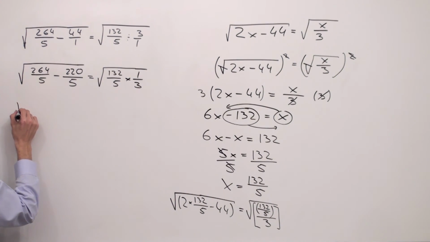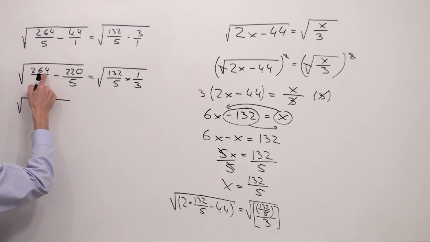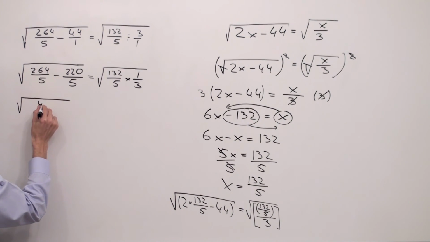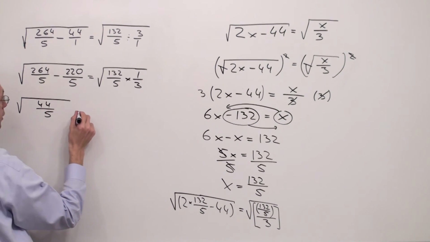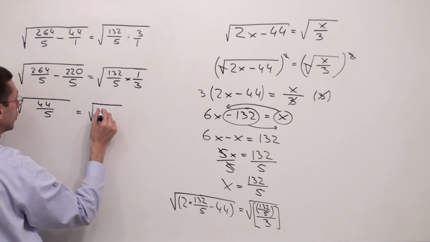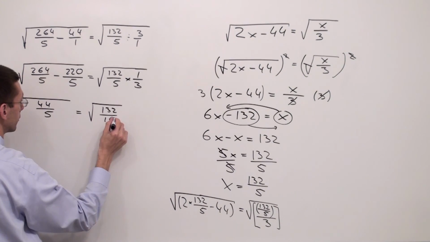I have square root of 264 minus 220, which is 44 over 5, equals square root of 132 over 15.